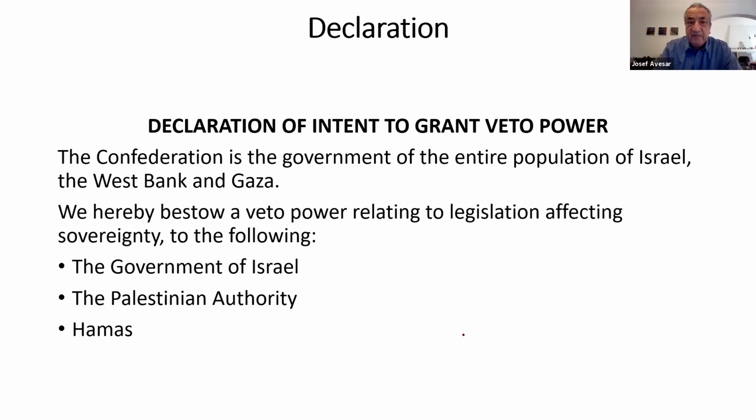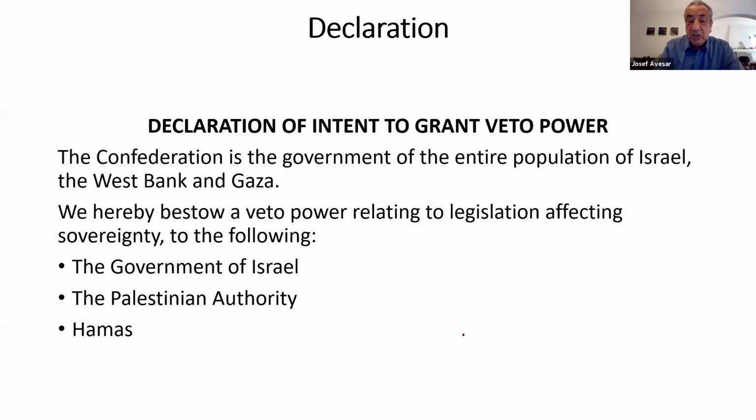Well, we need the veto because of what you just heard from Ambassador Ross, that the Israeli government would be very concerned about security. And it would be very concerned about our government competing with their government. So we are saying, well, we are not in competition in terms of sovereignty. If you are not happy with the legislation we pass, we are giving you a veto power.